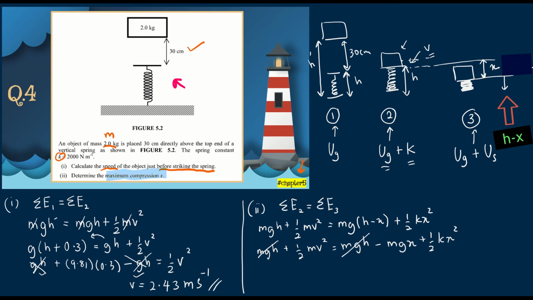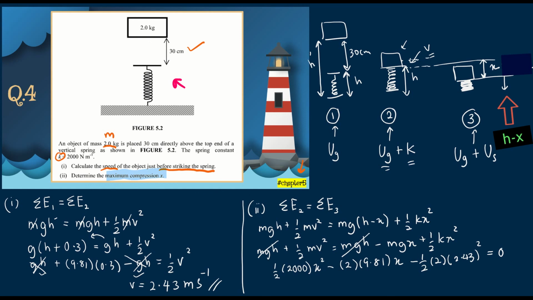Now we can straight away substitute the values, because we want to have x here. Our k is 2000, half times 2000 x squared, minus our m, the mass, times 9.81 x, minus, as we bring half mv squared to one side, minus half times 2 times v, which is 2.43, squared, equal to 0.